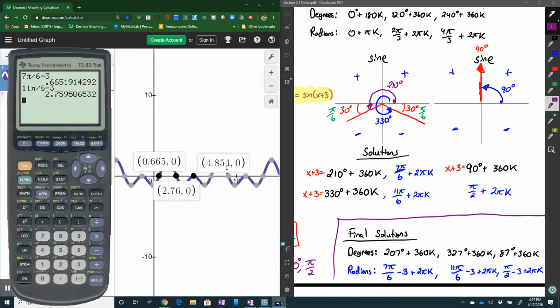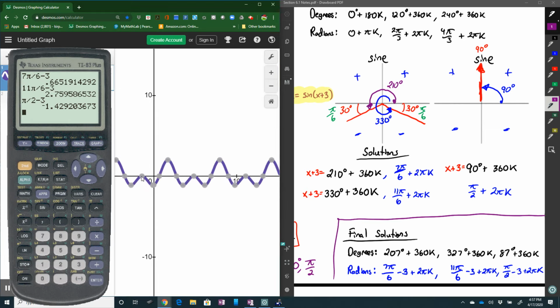There it is. The last one, pi over 2 minus 3, that one's going to be negative, but if I add, that's going to give me this answer over here. So let me undo this one. It's hidden. It's going to give me this answer over here. So pi over 2 minus 3, negative 1.429. So there you go. Those are your 3 answers.